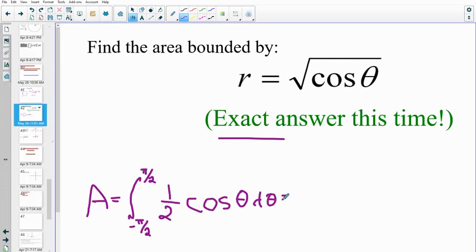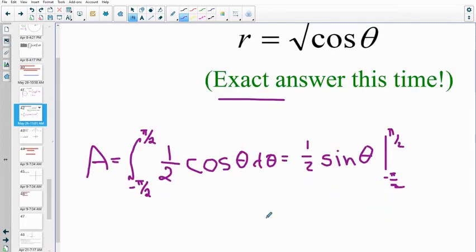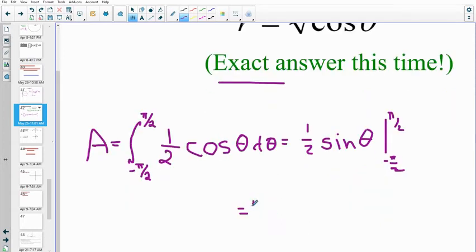And this is an integral that we can do. Of course, the antiderivative of cosine is sine. So sine theta evaluated from negative pi over 2 to pi over 2. And so when I start plugging in values, I've got 1/2 of sine of pi over 2.